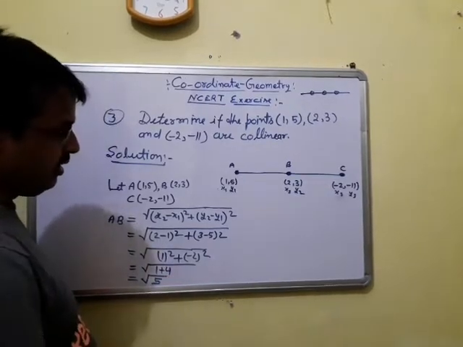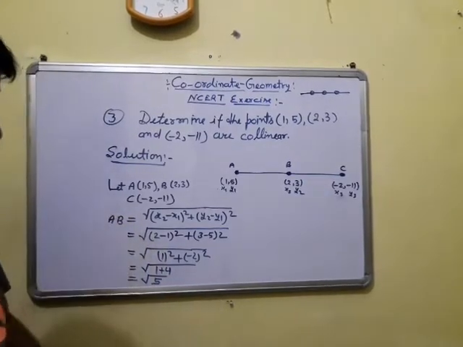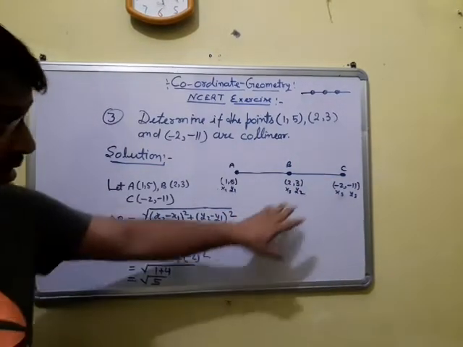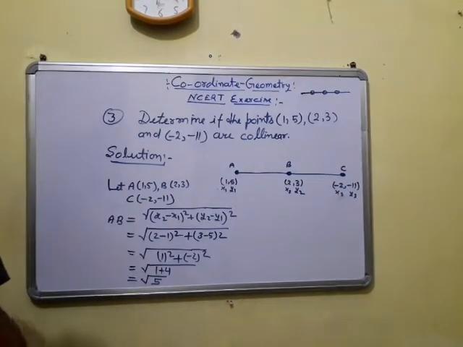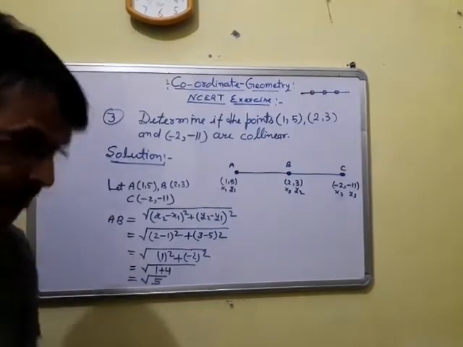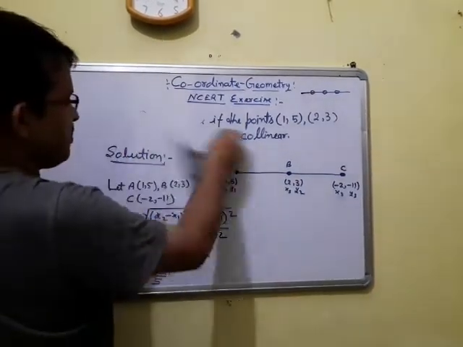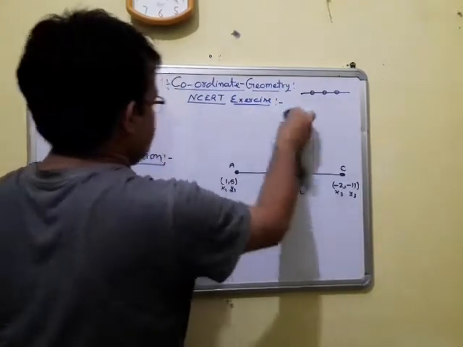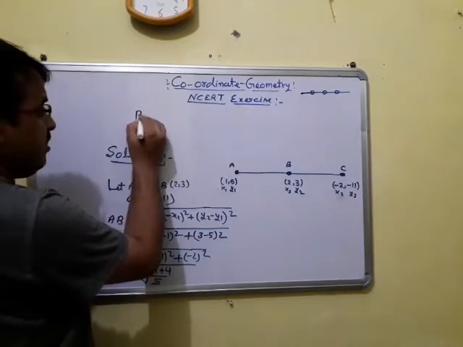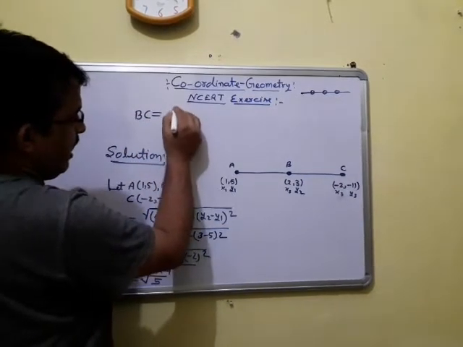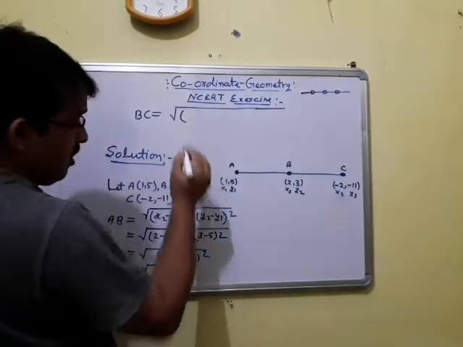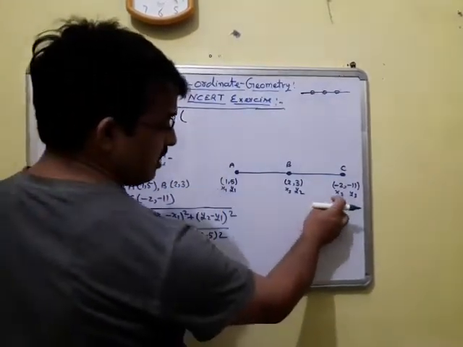Clear? Now find the distance between BC. Find the distance between BC. Now solve this one here. The distance between BC is equal to, x2 minus x3, so this one is x2.